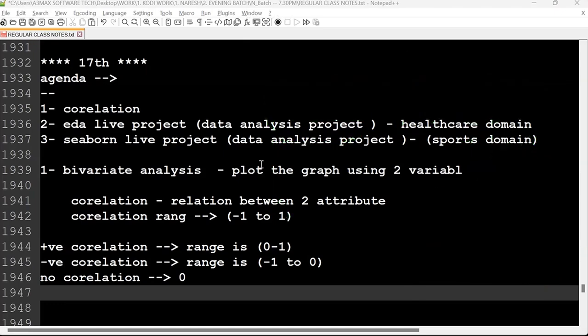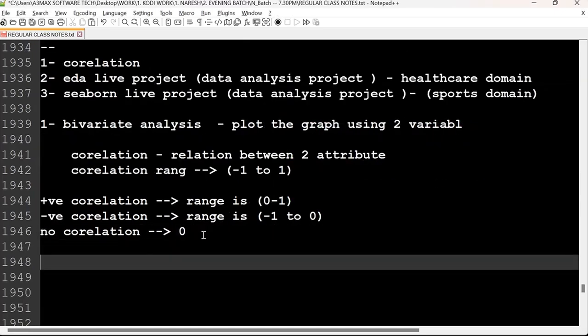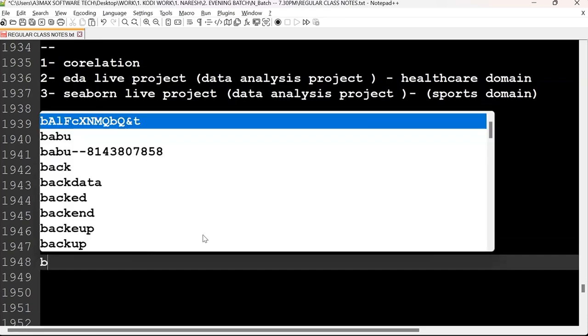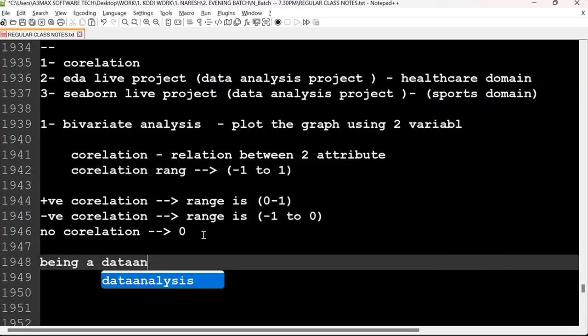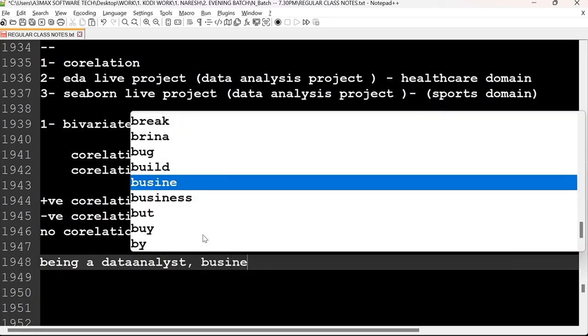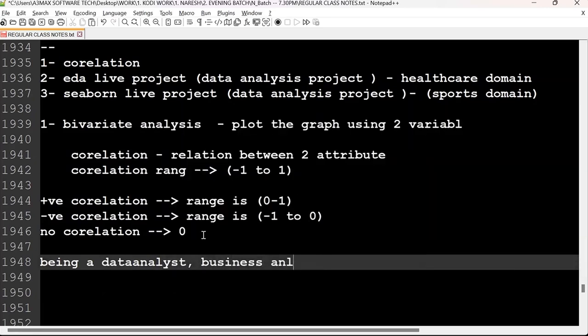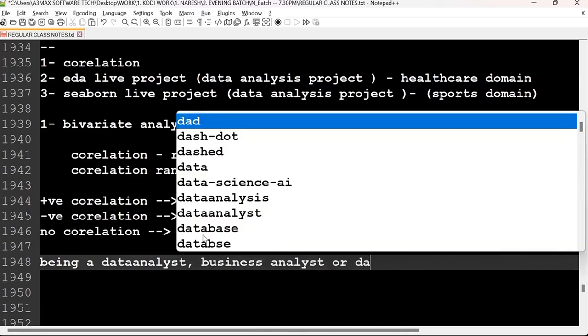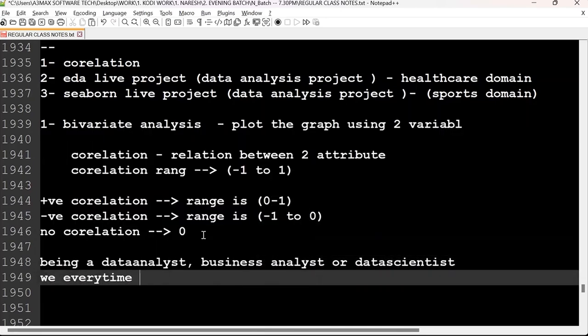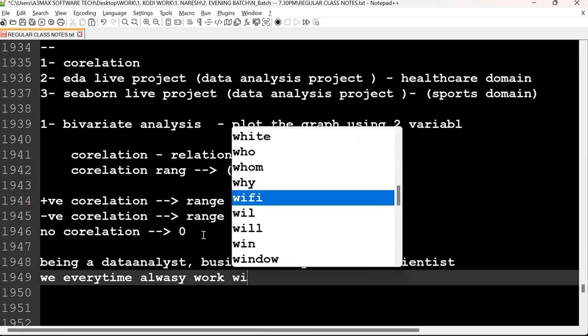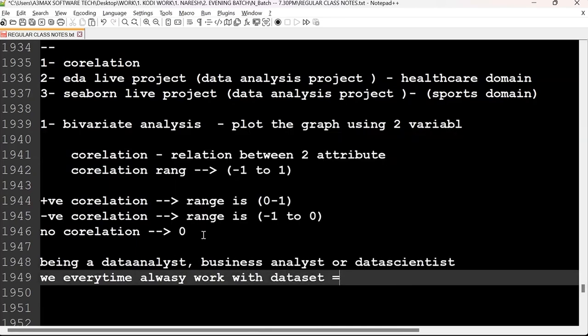Always remember, this is a very important point I want to highlight. Being a data analyst or business analyst or data scientist, we always work with data sets, guys. Data set means what?